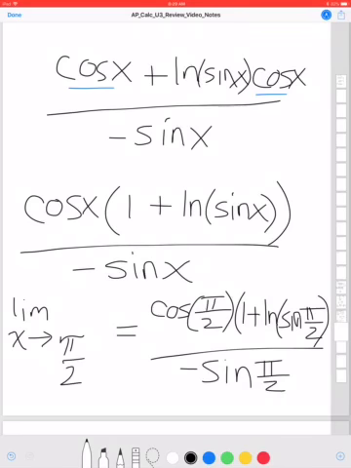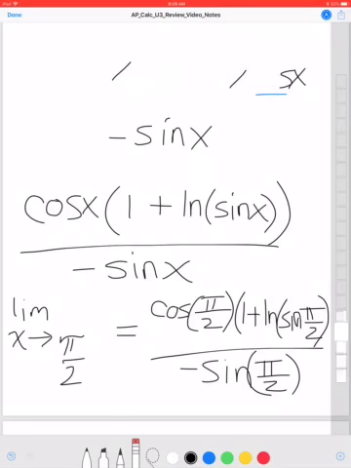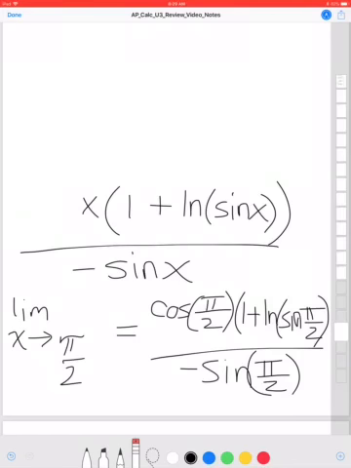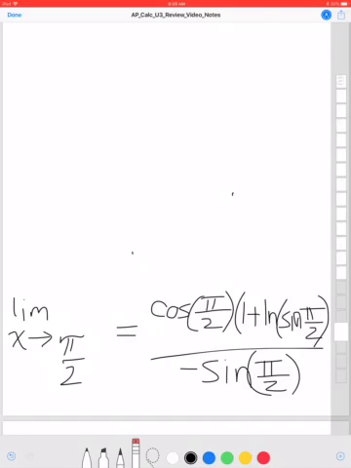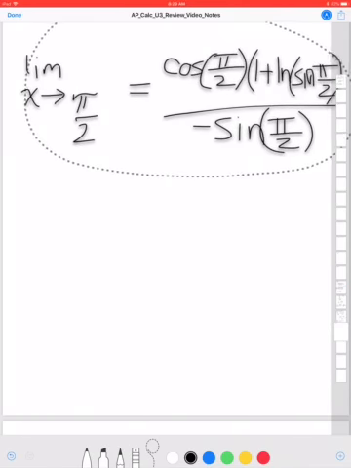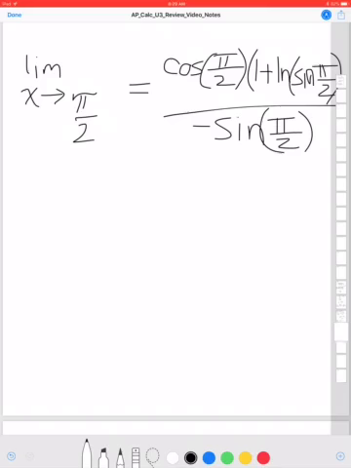All over negative sine pi over 2. Let's evaluate that. And don't forget, we have to go back and raise it to a base of e since we took the natural log at the beginning. We need to undo that.